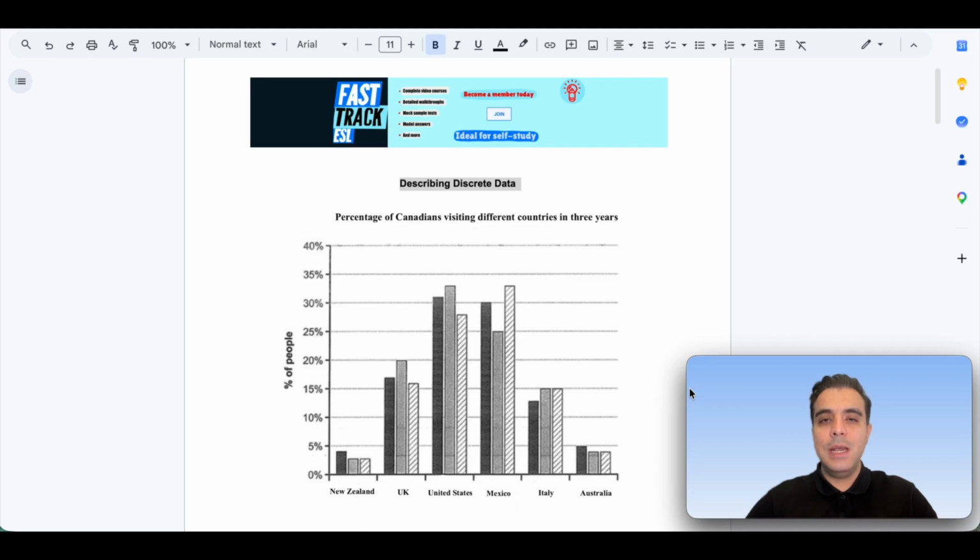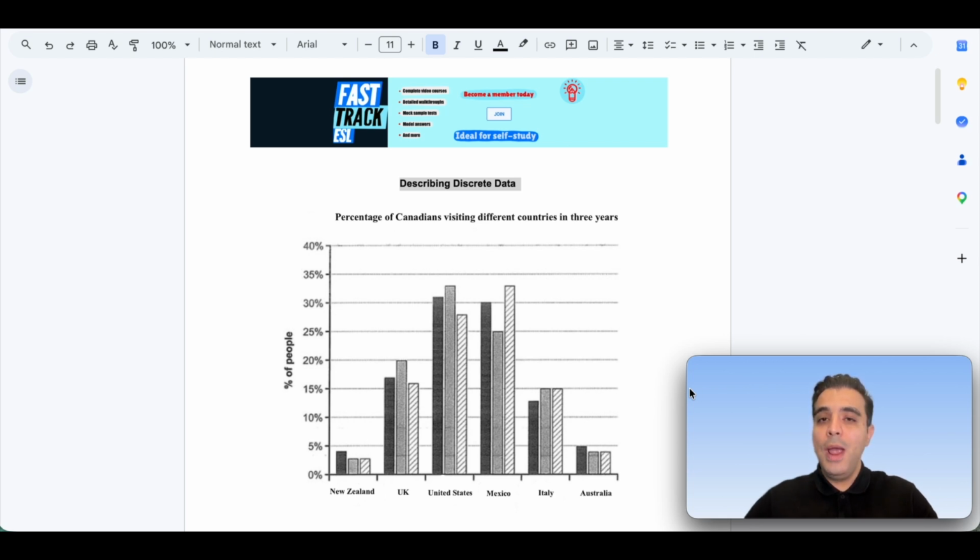And discrete data is not about describing changes, but rather describing a data set in a specific slice of time. Take a look at this sample bar chart that I have here displayed on the screen. As you can see, we are looking at the percentage of Canadians visiting different countries in 3 years.